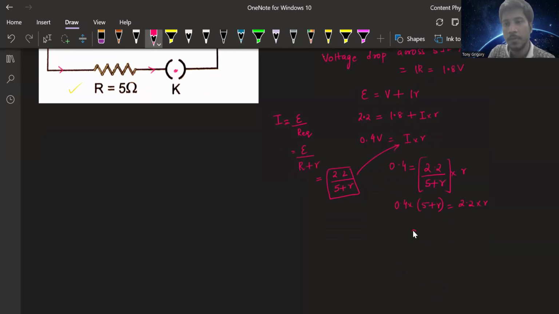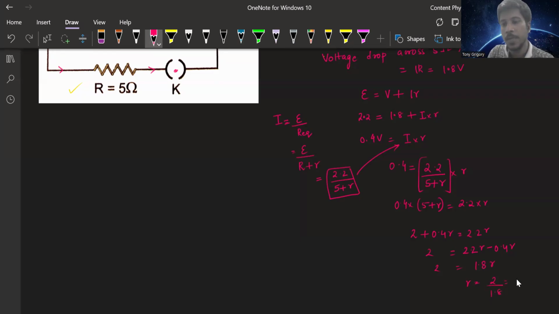0.4 into 5 will be 2, plus 0.4 R is equal to 2.2 R. So 2.2 R minus 0.4 R is equal to 2. So this will be 1.8 R is equal to 2, or R is equal to 2 upon 1.8.